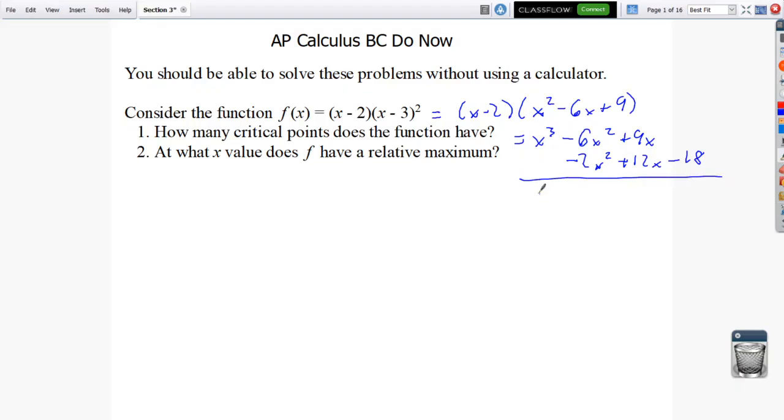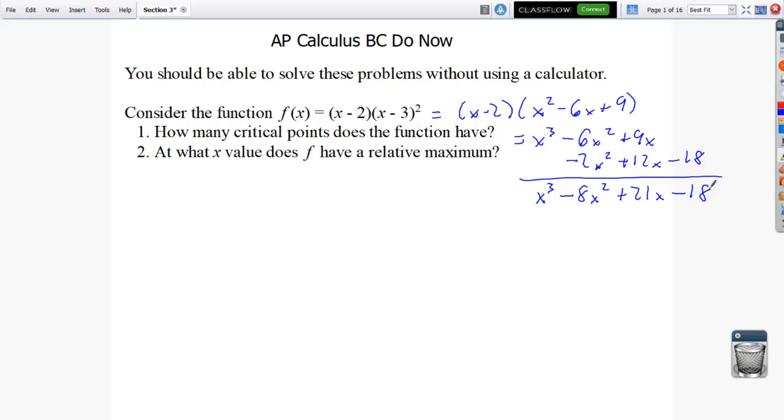So all said and done, all expanded, we'd have x cubed minus 8x squared plus 21x minus 18. Take the derivative of that, set equal to 0, solve. You'll be able to find your critical points.